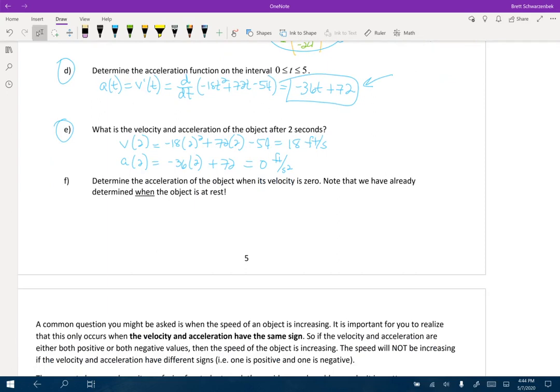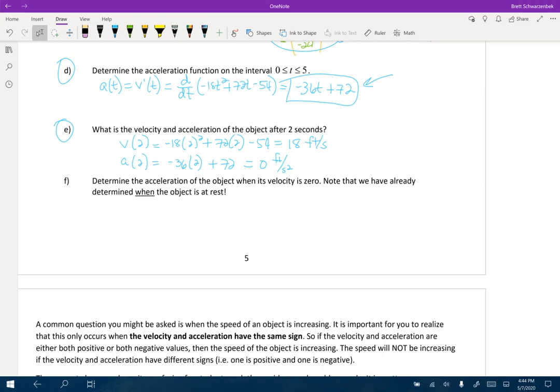Okay, last question. It says, determine the acceleration of the object when the velocity is 0. What usually happens when a student reads this problem is they just start crashing their brains. So in reality, this is not meant to be a hard question. Why?